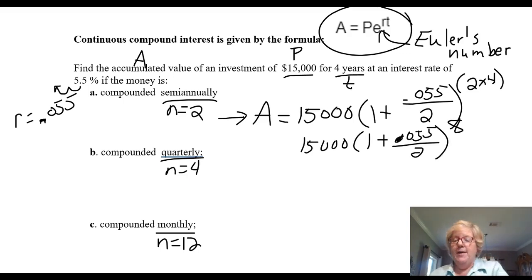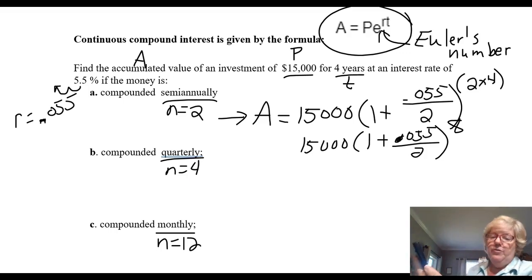Now I'm going to type that in my calculator using those same parentheses. So 15,000 parentheses 1 plus 0.055 divided by 2 will make me have a fraction, close parentheses, exponent, and 8.